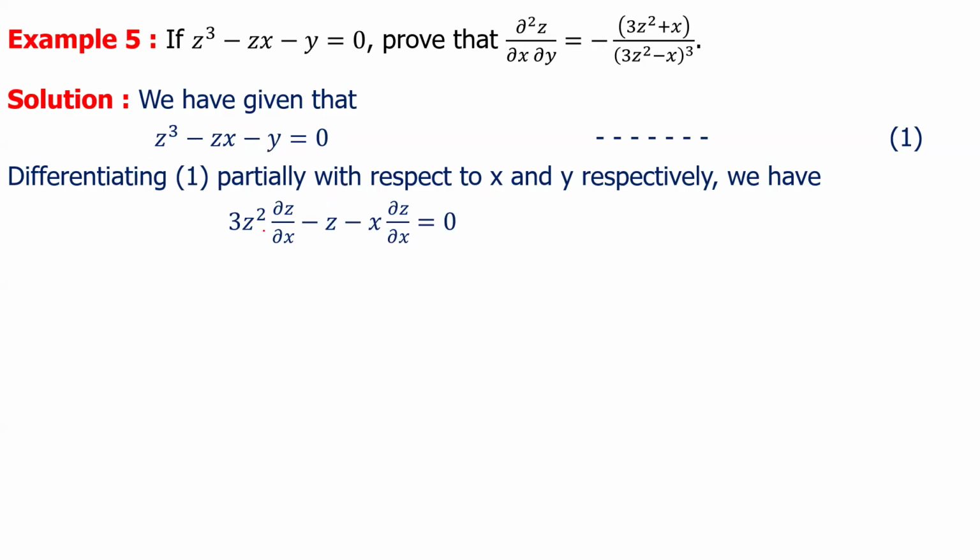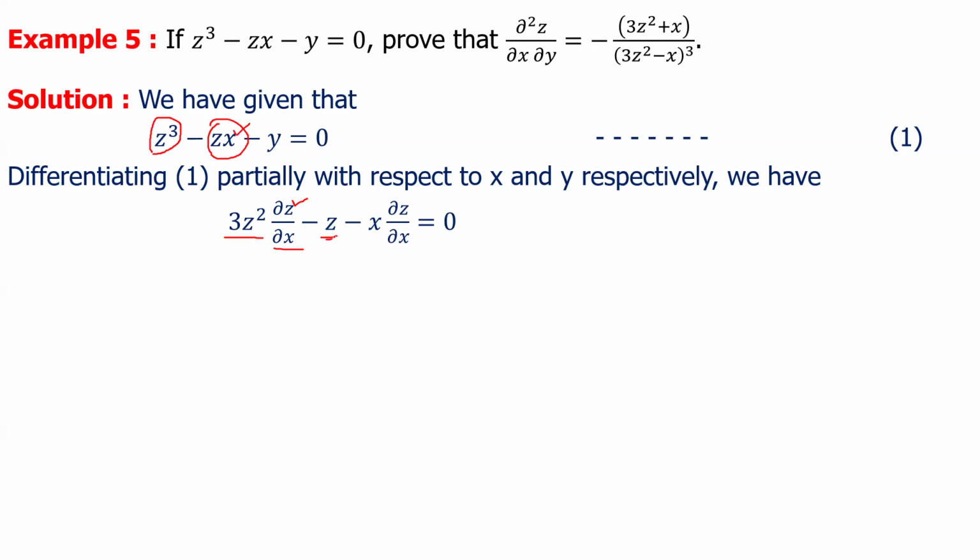So here the derivative of z cube is 3z square, and again the derivative of z is del z del x with respect to x. Now here we have to apply the product rule because z and x both are functions of x. So first function z, the derivative of x with respect to x is 1.